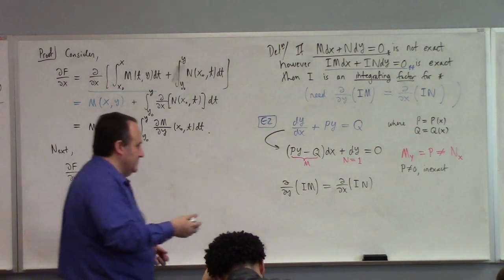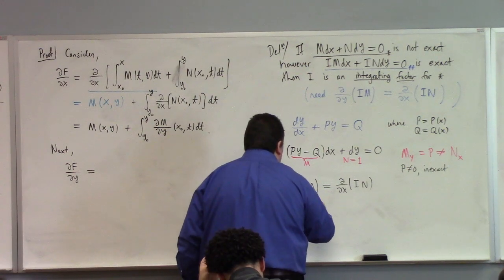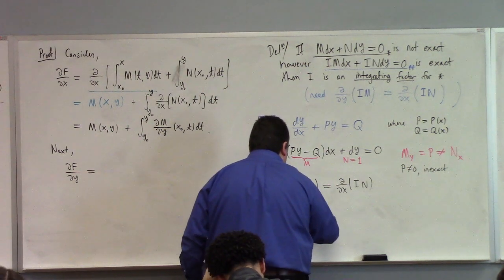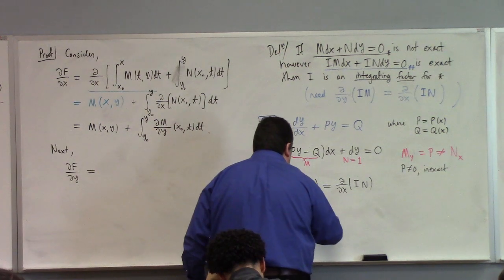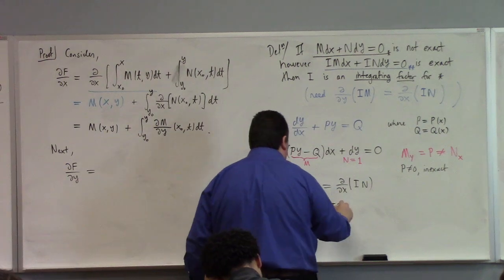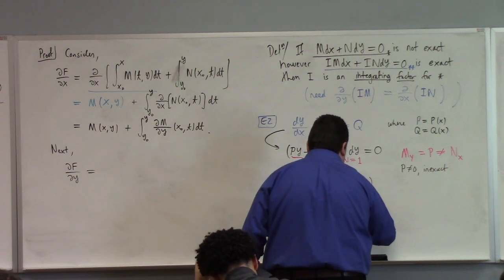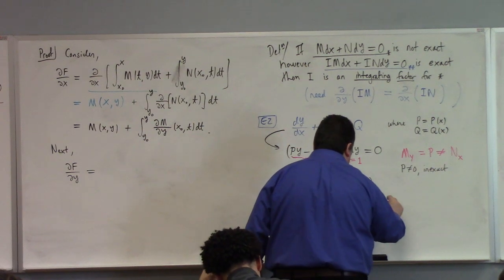But here M is what? So we've got I p y minus I q, right, is equal to partial x of just I, because N is 1.